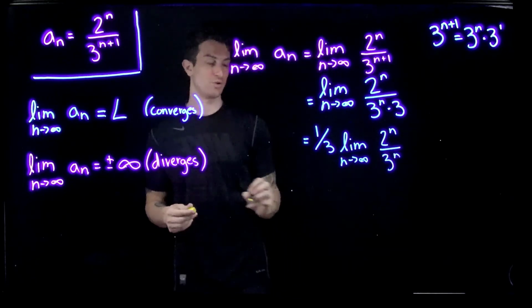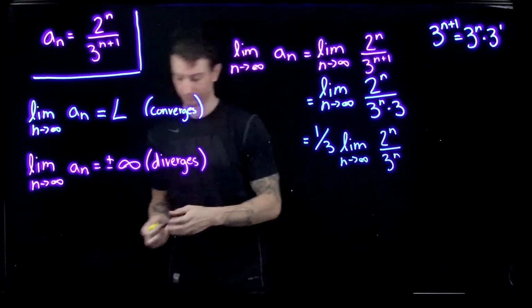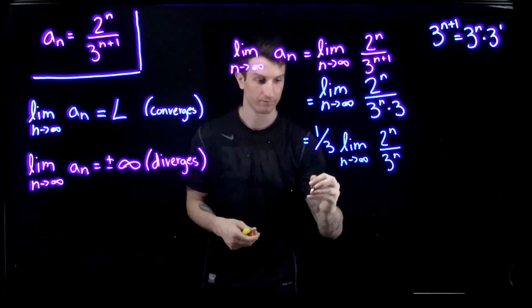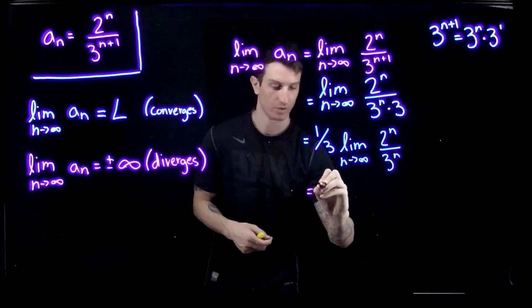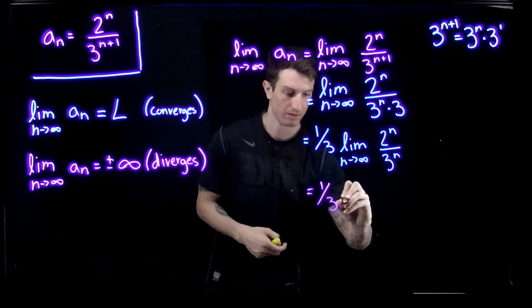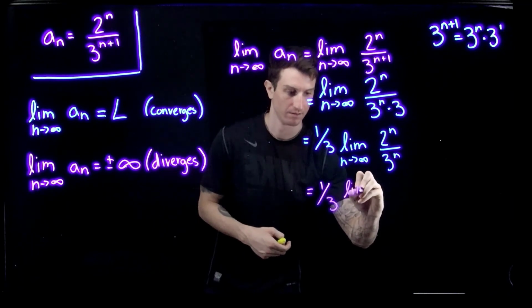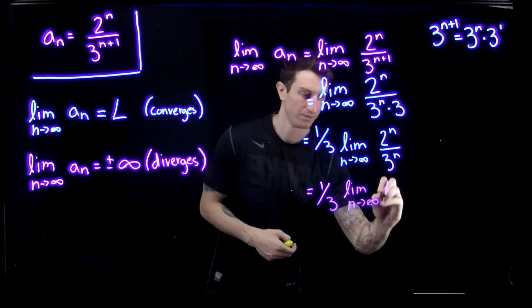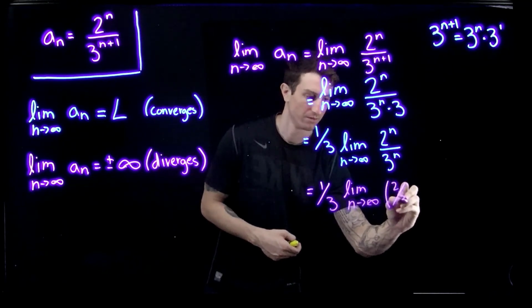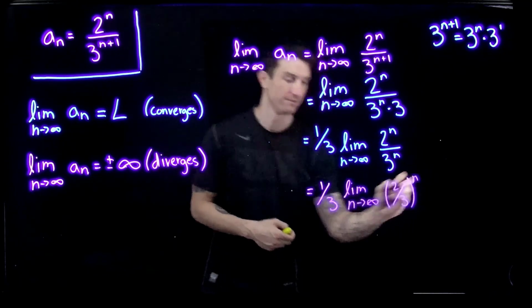And last algebraic step, 1/3 times the limit as n goes to infinity of 2/3 to the n.